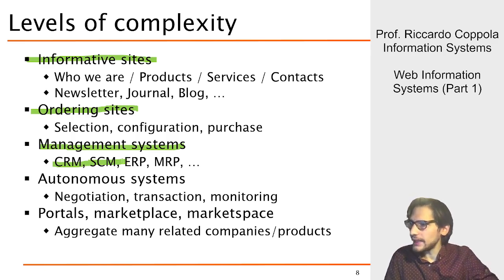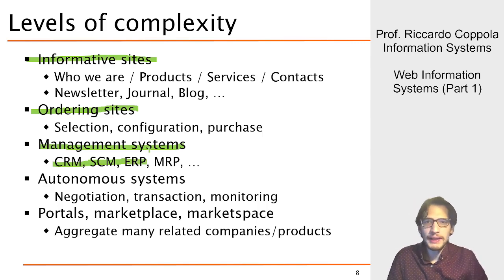We have our ERP, or Enterprise Resource Planning information systems, where I can manage all the resources of a company, from the factory, from the manufacturing moment, to the sales, so all the resources, all the people inside the company.